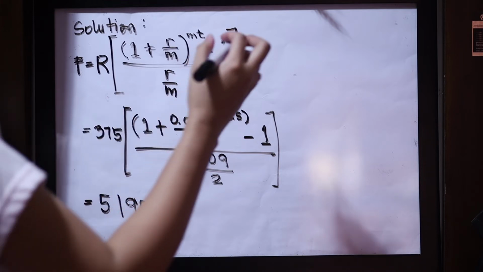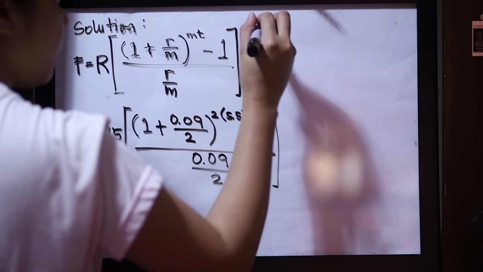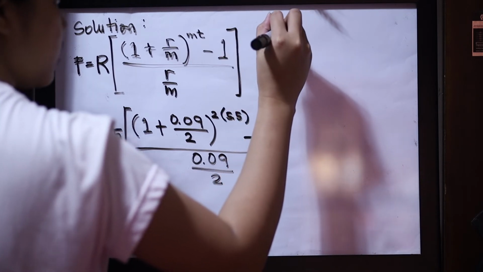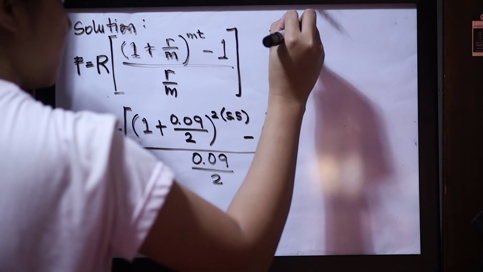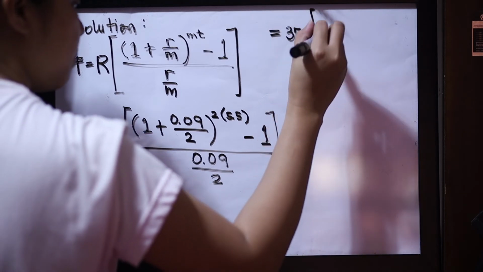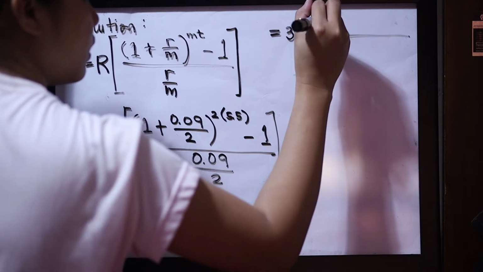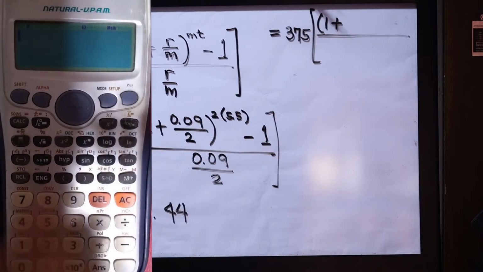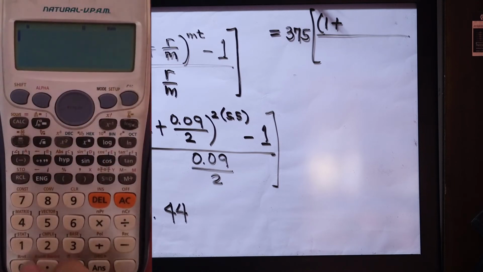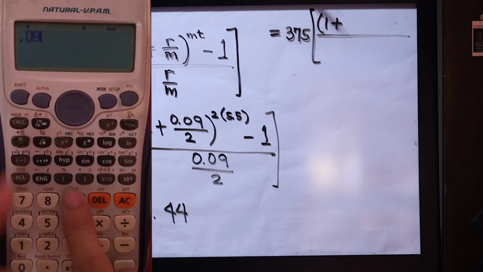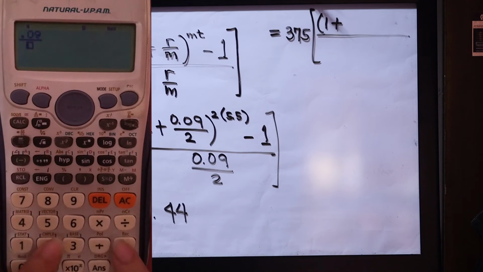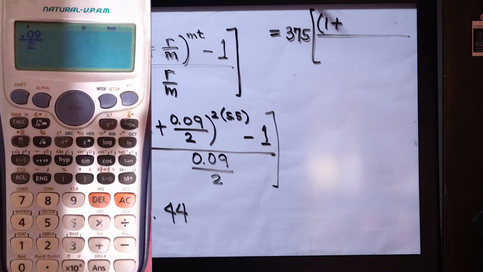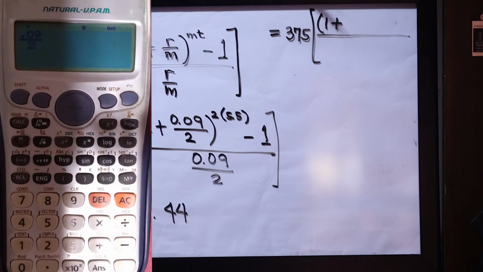Ngayon, pagka naman, you want to do the step-by-step solution, so, ganito po yung gagawin. 375 multiplied by 1 plus. Let's try to check kung yung 0.09 divided by 2 ay magre-result sa, ang tawag nito, scientific notation.